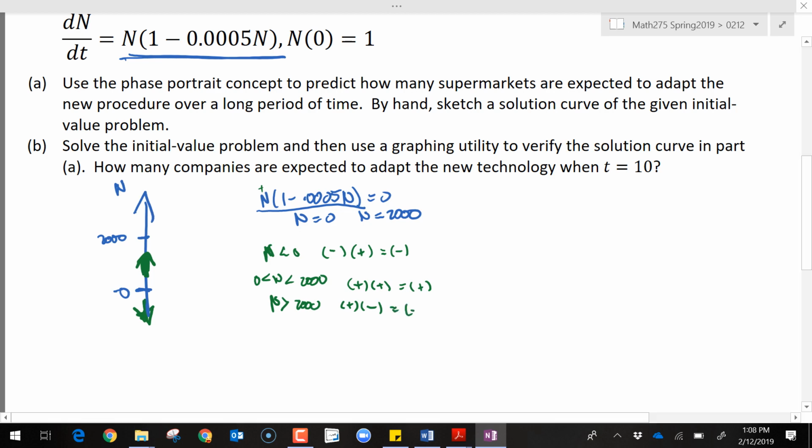So this is going to be a negative. So that's my phase portrait. It looks like 2000 is a sink, or what do they call it, stable, and 0 is unstable. Okay. Yes.